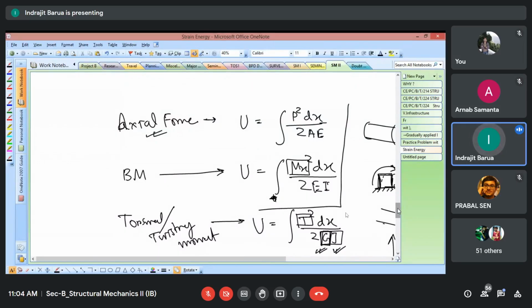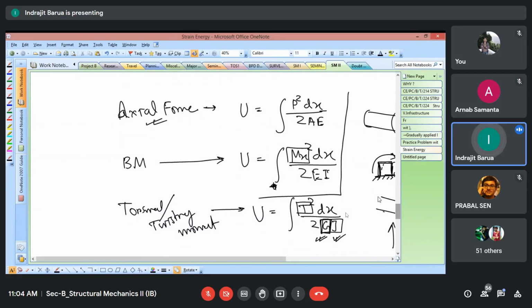We'll be using some interesting cases also. Before that, these are the cases we have seen. For axial loading, we know which expression to use. For bending moment, we know which expression to use, and for torsional or twisting moment, we know which expression to use. With respect to these variables, in a span, if the material is changing, you will get a different Young's modulus.